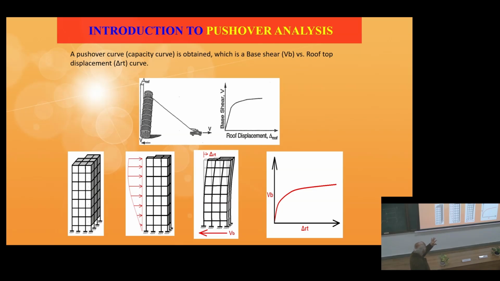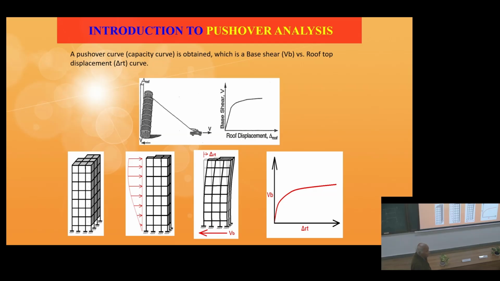Now when we come to the actual applications, we take buildings. And these buildings can be given a force or push in different ways. The most common push is shown on the right hand side.